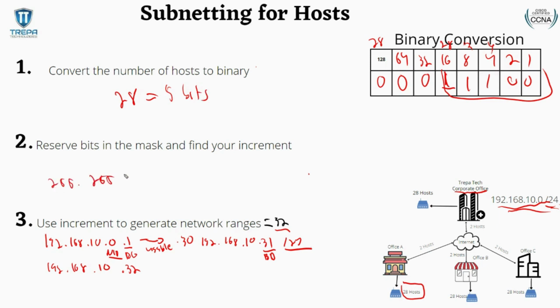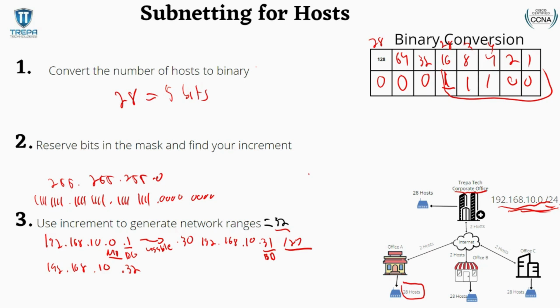Next step, first thing we're going to do, go to our original mask, okay? We're going to convert that to binary. And then we're going to reserve our host bits. How many bits do we need to get the number 28? We need 5.